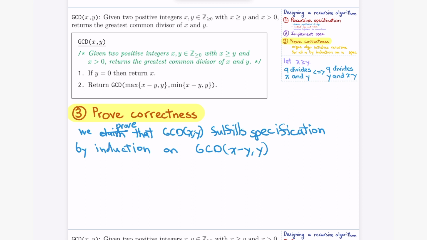So we want to identify something that's getting smaller so that it reaches some kind of bottom. Oh, we can do induction on x plus y. This will always get smaller.